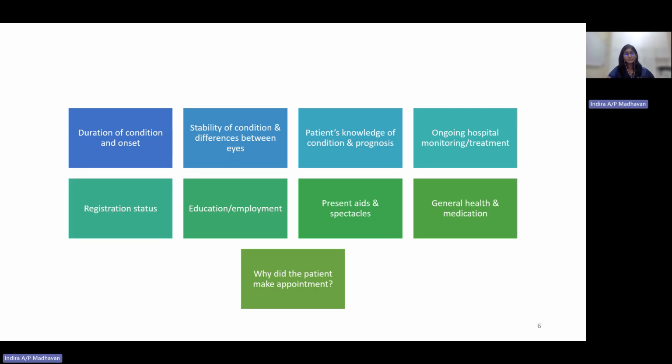Next is present aids and spectacles. What are the current spectacles that the kid is using? That needs to be asked, and where they got them from, who prescribed them. That question will be helpful, whether they're using a telescope or magnifier, and who prescribed that. Are they still doing well? If yes, then no issue.